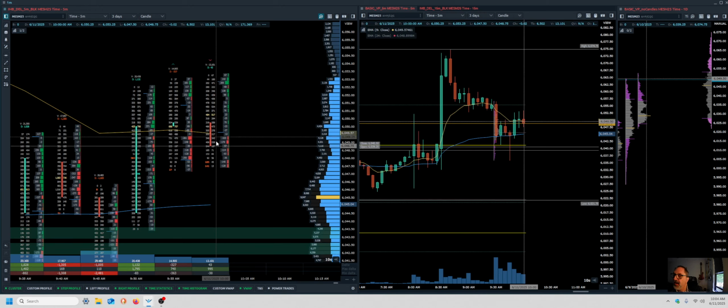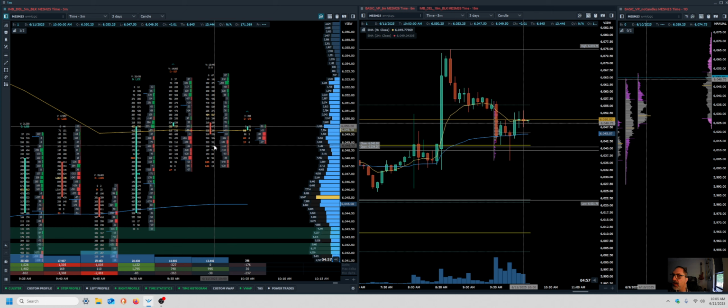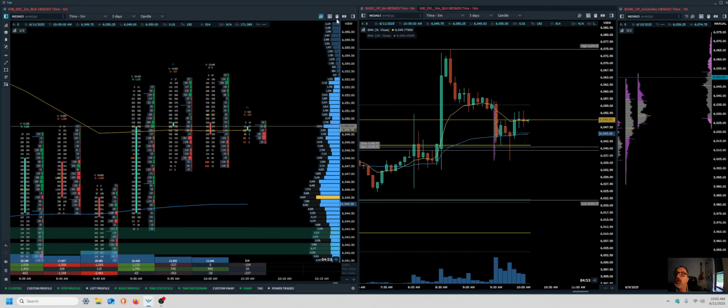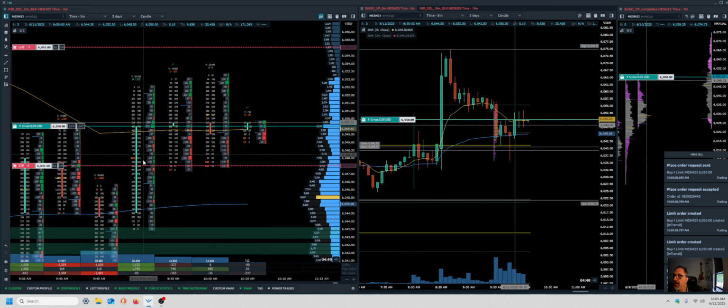All right, so we have a negative candle here. Do we have any extreme delta? Sellers. Our sellers are not able to go below here. So I'd be okay with taking a long here. Think it's a good area.